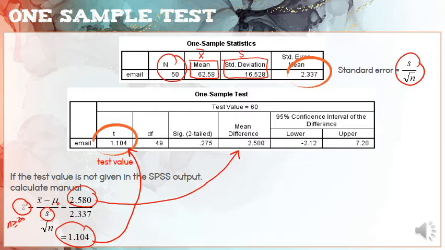So, you just have to show lah. Sometimes dia tak bagi dalam tu, dia suruh you calculate. Same goes to your standard error. 2.337 ni. Sometimes soalan kata show that the standard error is equal to 2.337. So you kena buat balik dan pastikan jawapannya sama dengan apa yang SPSS output bagi dekat awak. So this is your test value 1.104. Ini kalau guna traditional method.